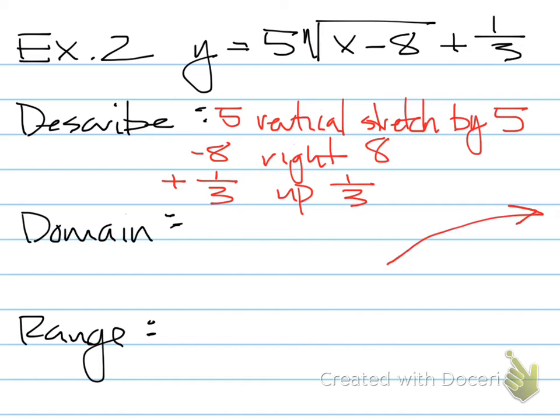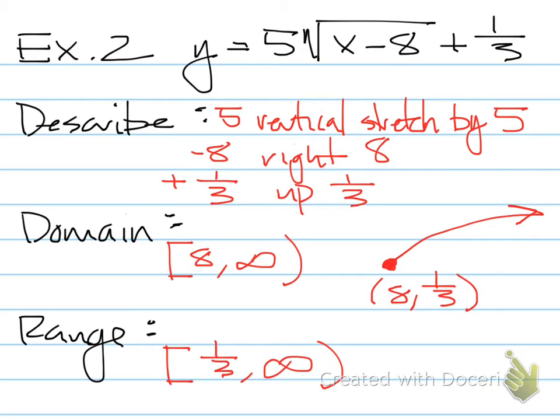Again, we should do a quick sketch of the graph. It's not being reflected because A and B are both positive. The coordinate of the vertex is actually 8, 1/3. So the domain is going to go from 8 to positive infinity, and the range is going to go from 1/3 to positive infinity.